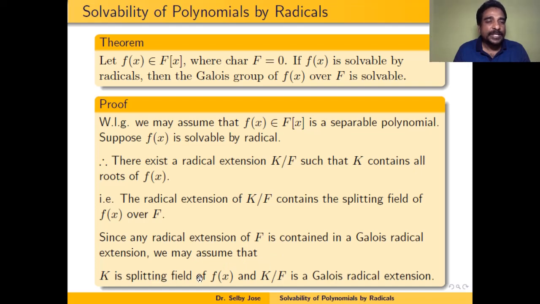So the Galois group of f(x) is the same as the Galois group of K over F, because K is now the splitting field of f(x). So our aim is what? To show that the Galois group of K over F is actually a solvable group.